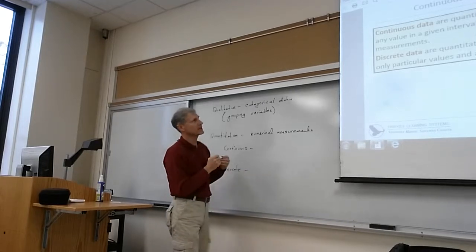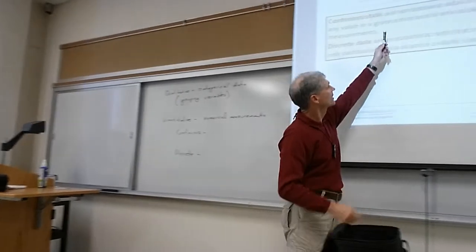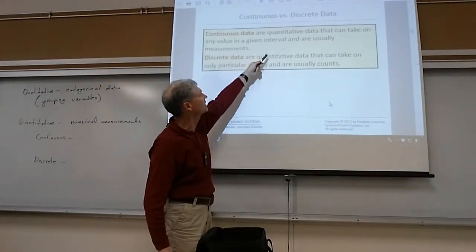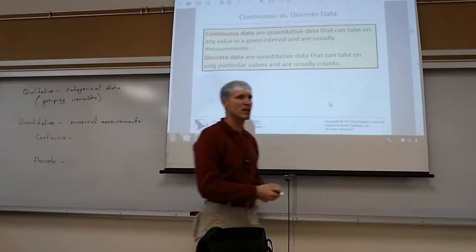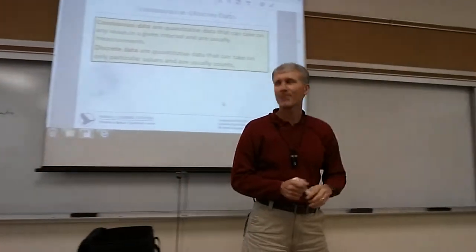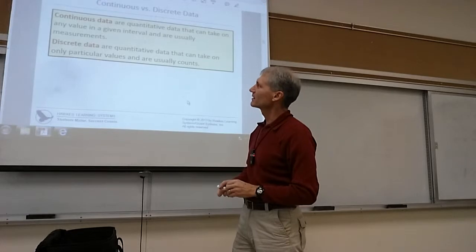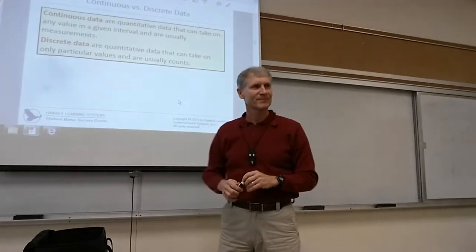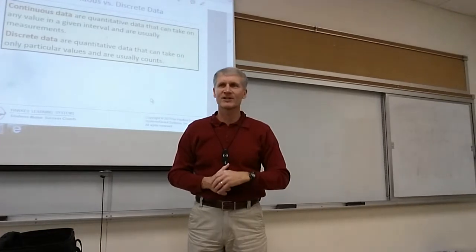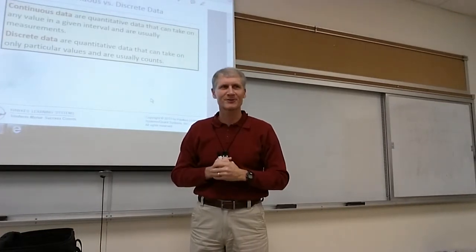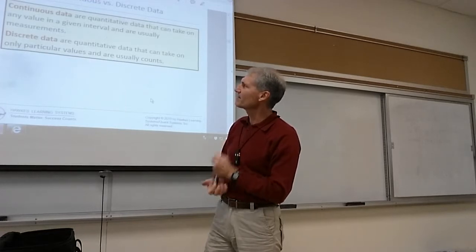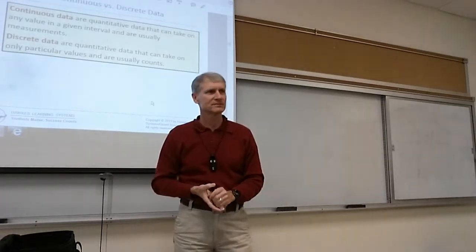Continuous data, it says up here, are quantitative data that can take on any value in a given interval and are usually measurements. Right? I can't think of one that would not be measurements, but they say usually. Always is a strong word to a statistician. So it's hard to know for sure, but can take on any value in a given interval.